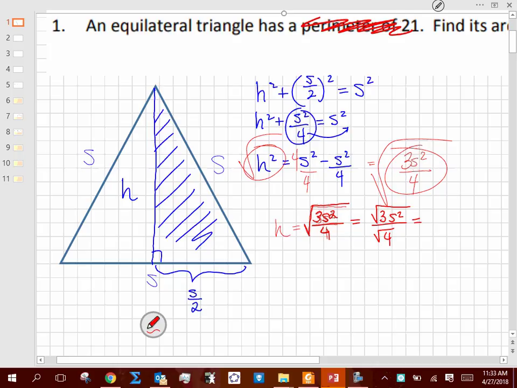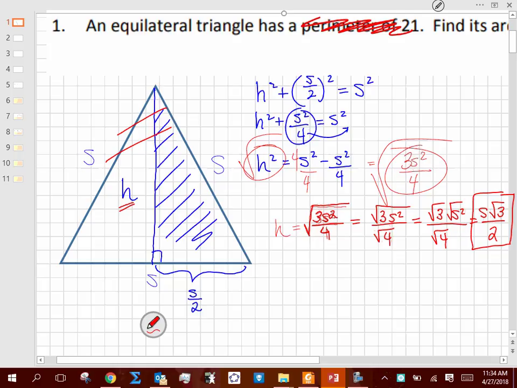Is that the same thing as the square root of 3 times the square root of s squared divided by the square root of 4? Okay? What is the square root of s squared going to give you? S. Square root of 3 is just square root of 3. That doesn't simplify at all. What's the square root of 4? 2. There's h right there. That is this thing right there. Does that make sense? Okay.